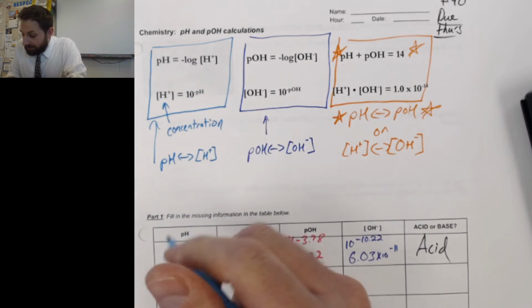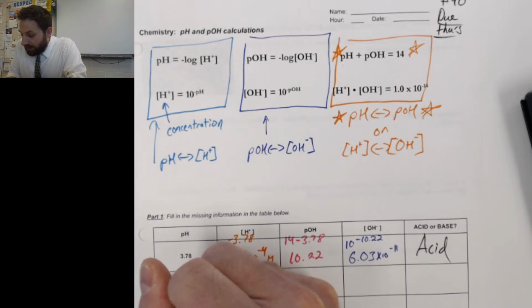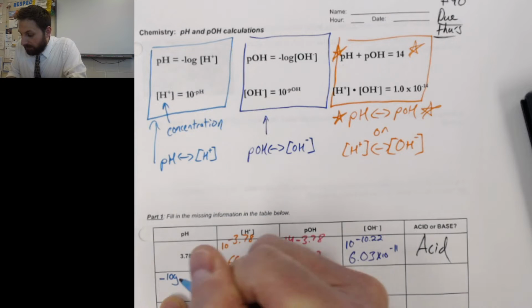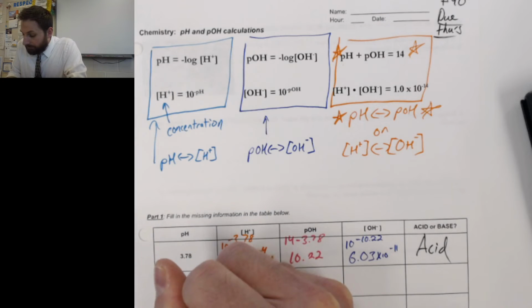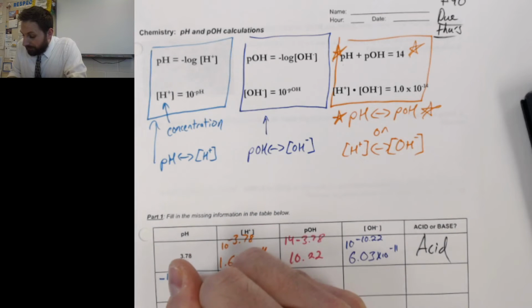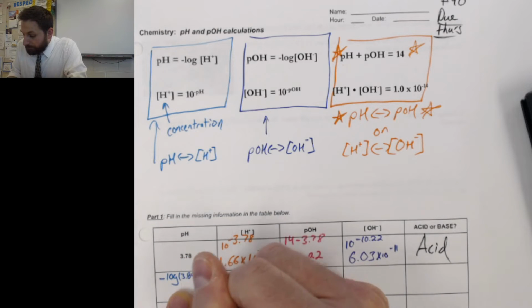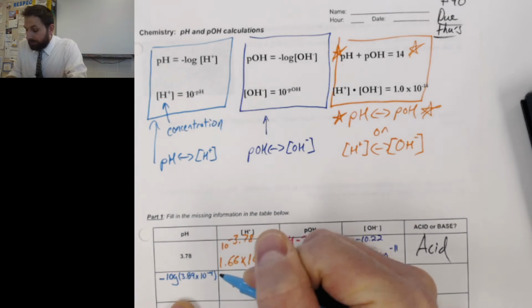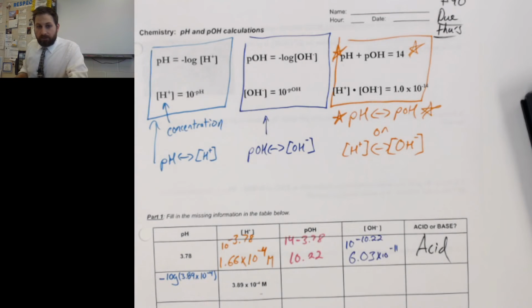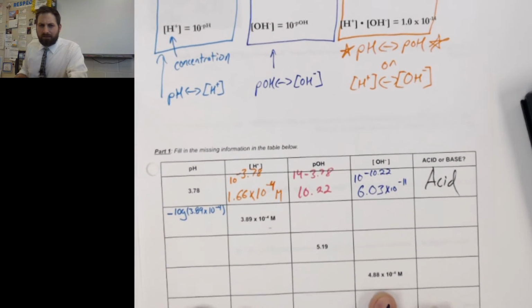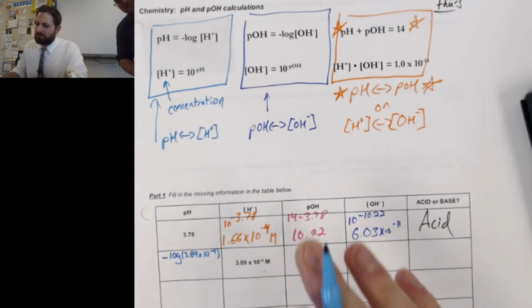So I'm going to type in my calculator negative log of that number. Calculators do a pretty nice job of giving me my parentheses already. Can you guys see that? Are you good with the equations? You have them in front of you.